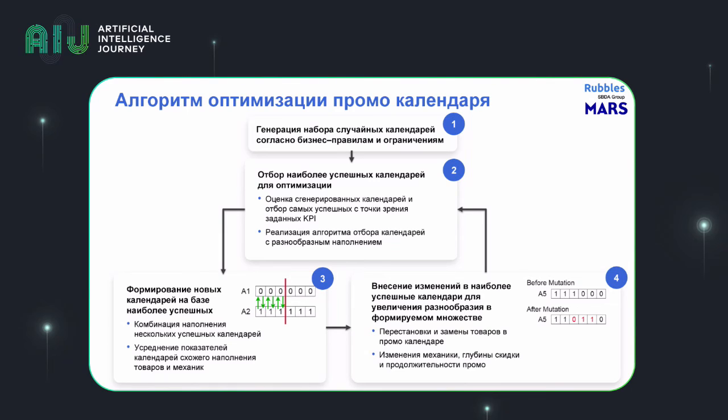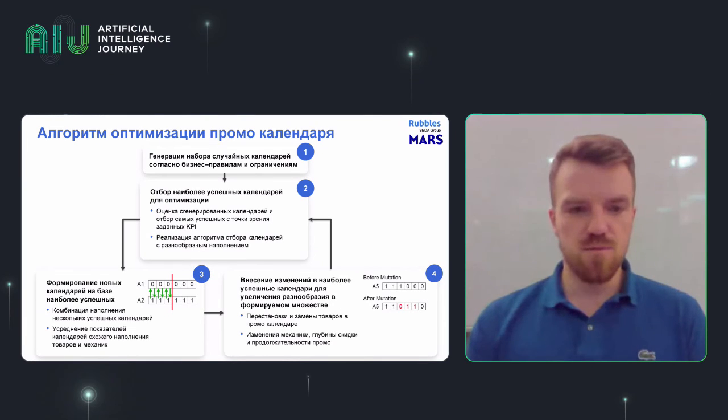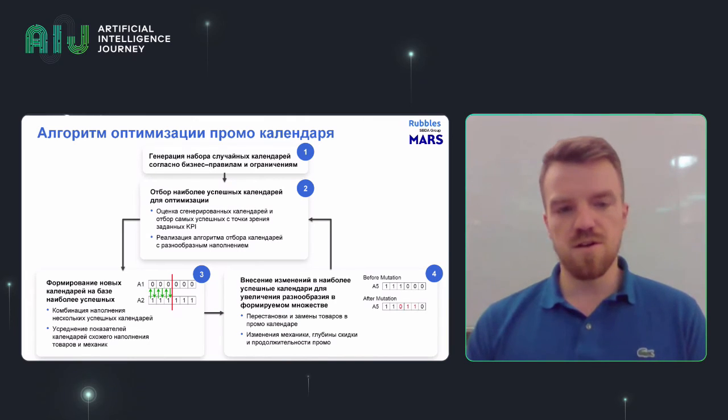So the first thing we do is to actually generate a bunch of promo calendars using the set of constraints we decided upon previously, and then we select the best calendars using our predictive model. After that, out of this universe of successful promo calendars, we will try to evolve even better calendars by cross-pollination, shall I say.